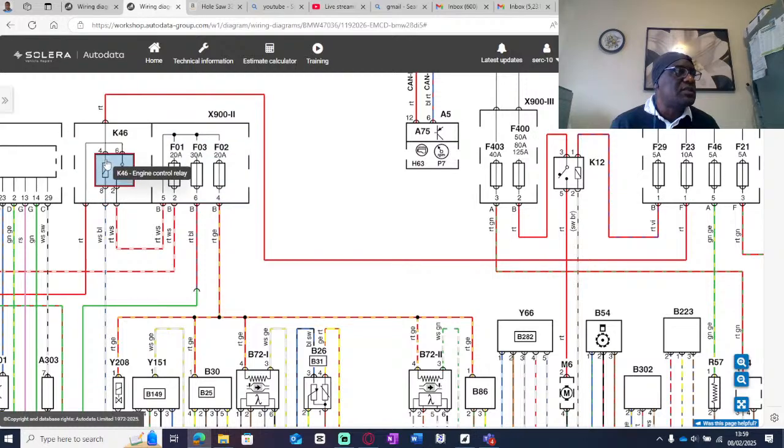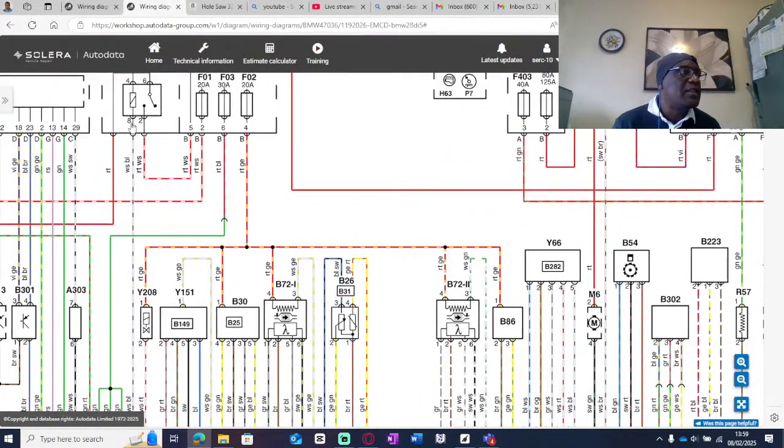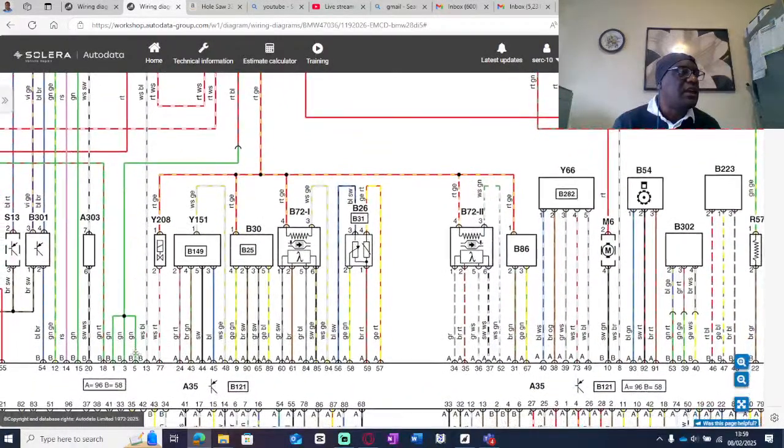Once it powers this coil, this switch will not move until this wire that you see on pin 8, that comes to 13 on the ECU, that is a white and blue wire, gets a ground from the ECU.